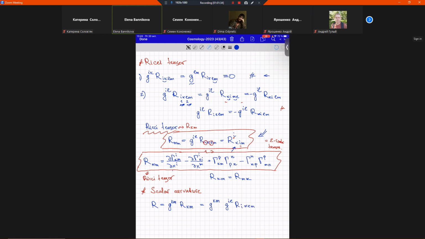So I made a contraction two times. The first time with i and l, and the second time with k and m. Okay, so let's put it in a frame also. So this is the scalar curvature, which will finally be in the equation of gravity.